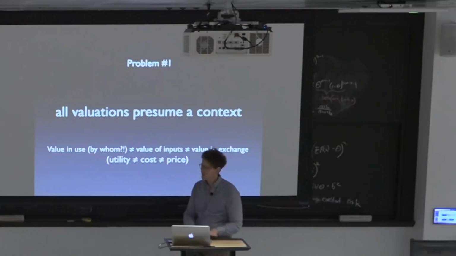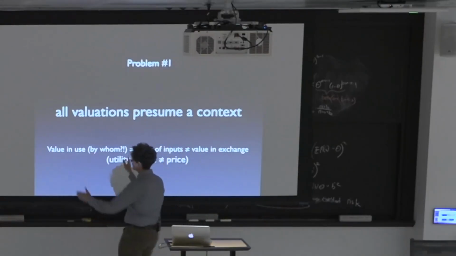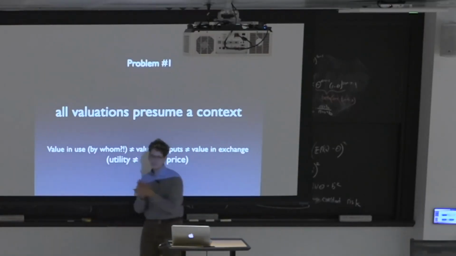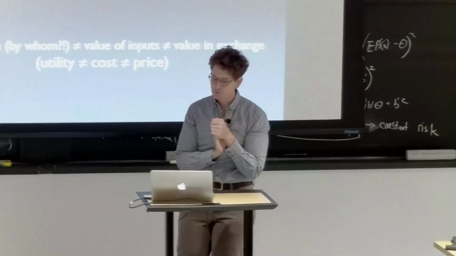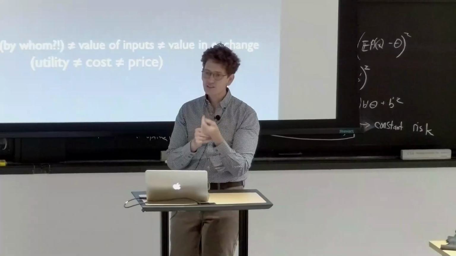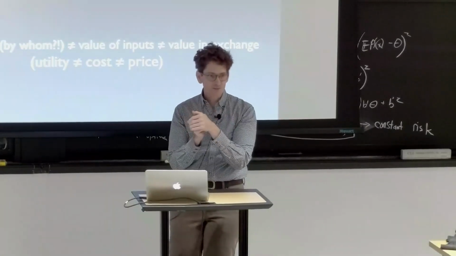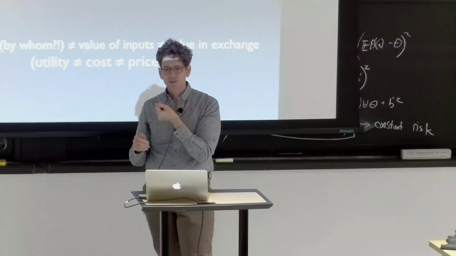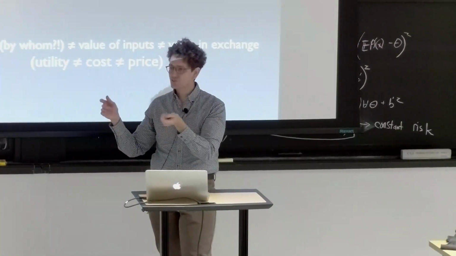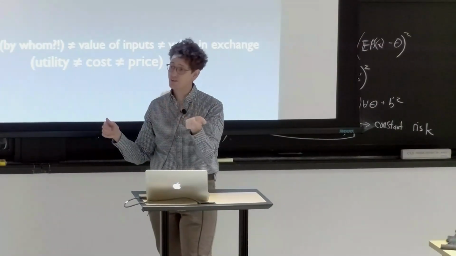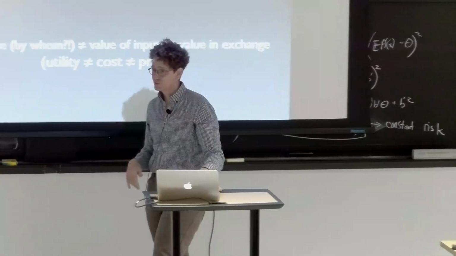It's also worth noting that calculating the value in use, someone's utility, is not something that you can really do in a commensurable way. The utility of a good to you depends on all the other goods and services that you have and desire, right?